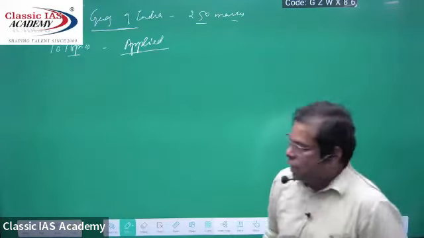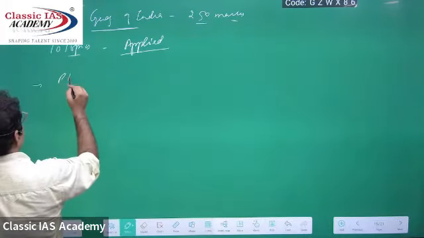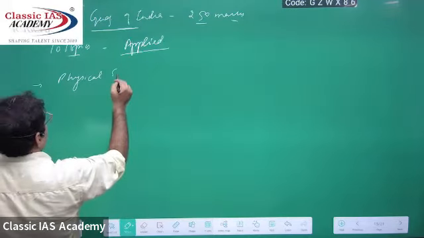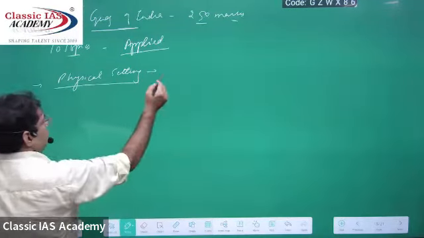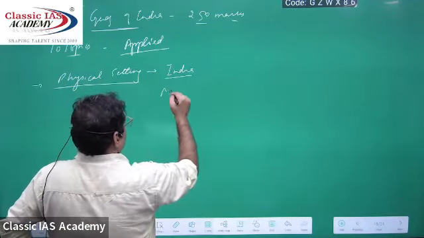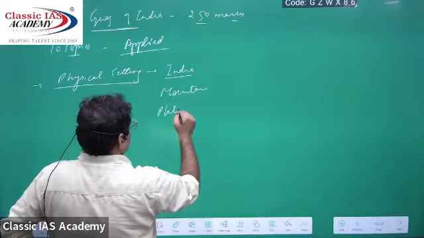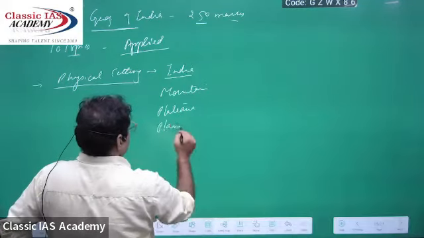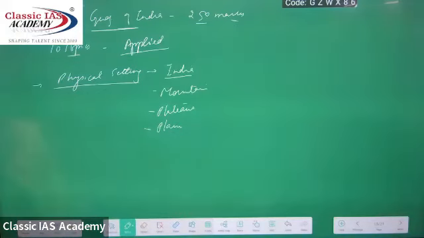The first topic of paper 2 is the physical setting of India. There we study mountains, plateaus, and plains in the Indian context.